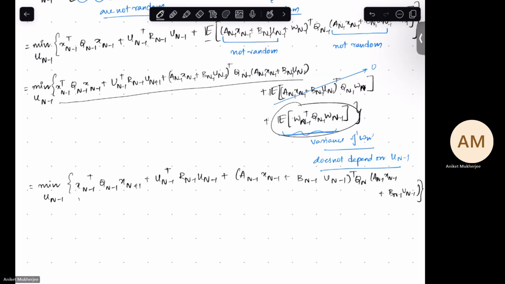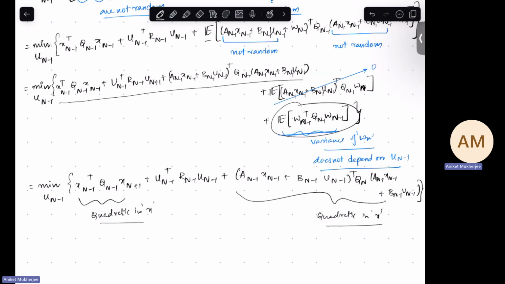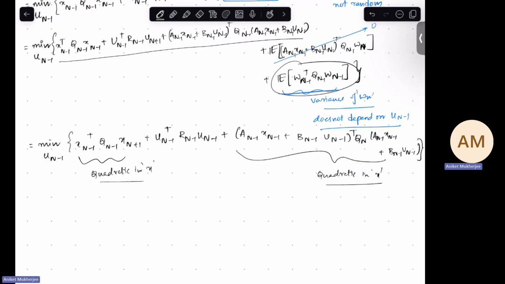Now, since this is a quadratic term in x, and this is also a quadratic term in x, basically what we want to do is we want to differentiate the objective function and put gradient equal to 0.